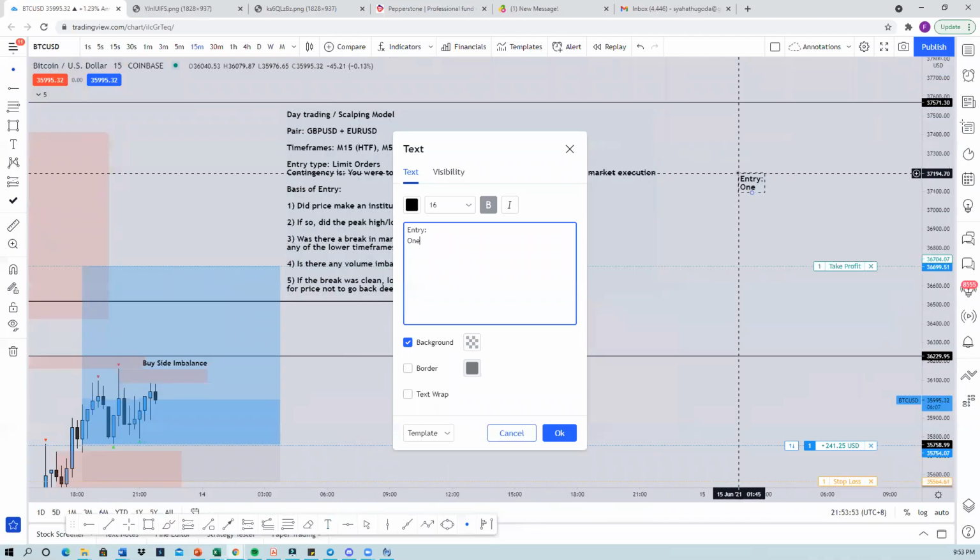One will enter on an imbalance: BPR, clean OB, or rejection block, which is the special case for an imbalance entry, right? Rejection block.